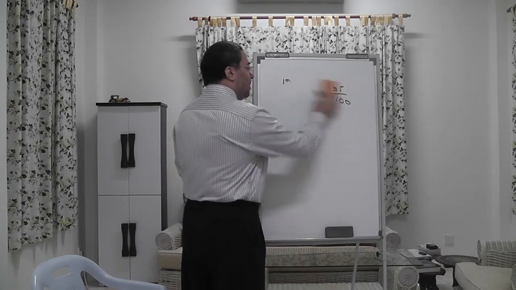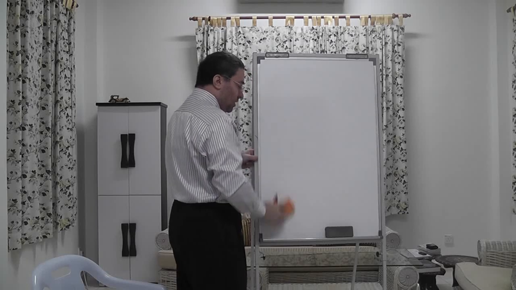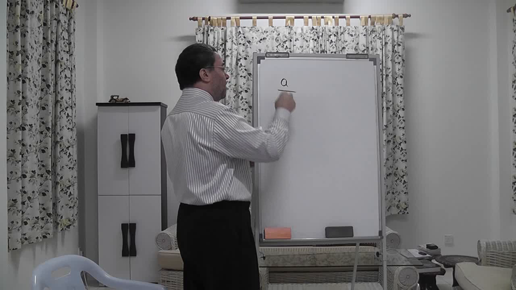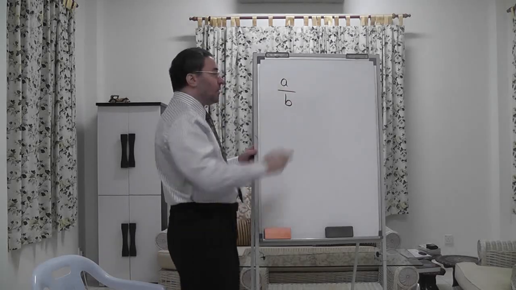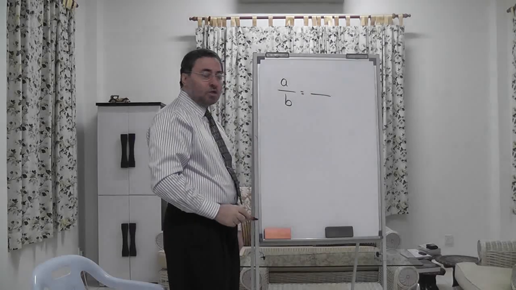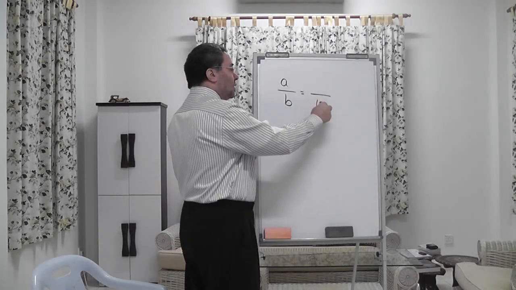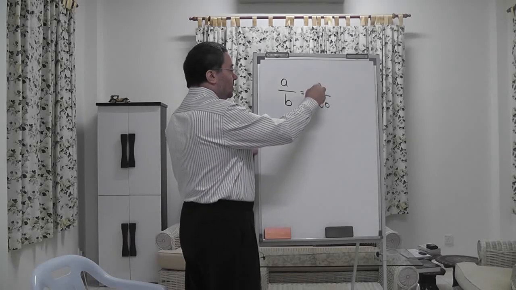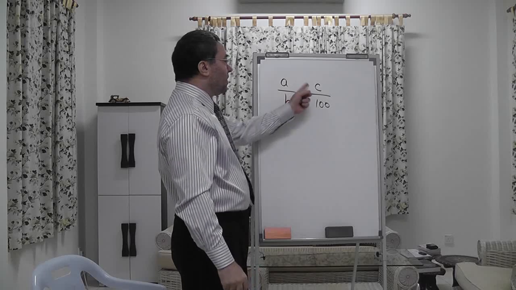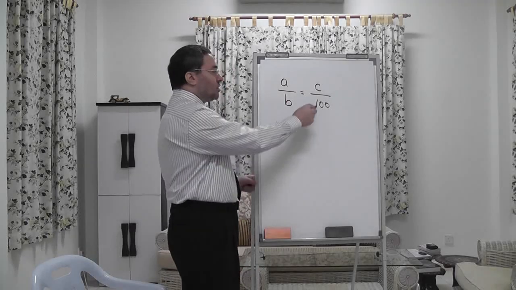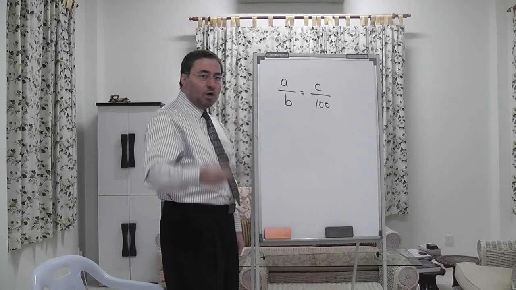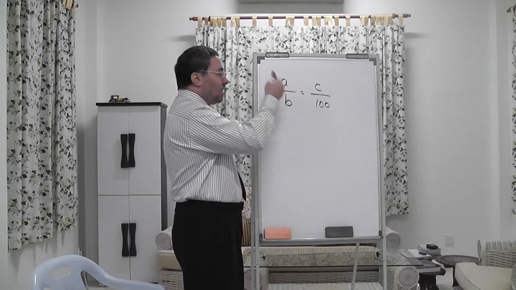The original formula or equation for percentages is the following. We have two numbers compared to each other, and now we have an equivalent ratio whose denominator is 100, but the numerator is not known. Here we have three variables. This is going to stay 100 all the time. In all these exercises, you are going to be given two and get the third.